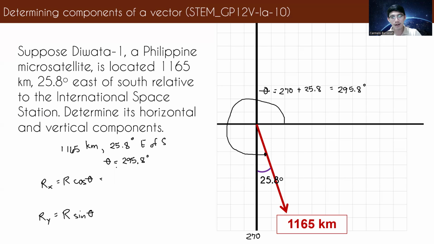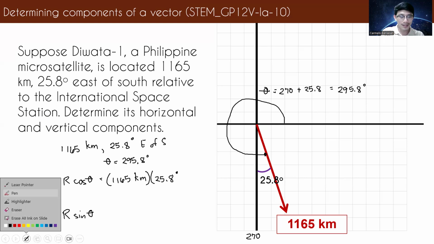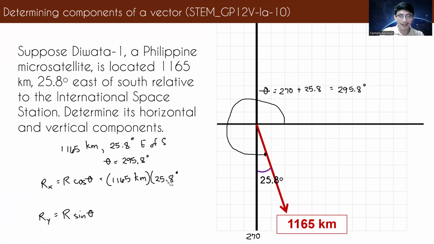To substitute, our R here is 1,165 kilometers multiplied by cosine of... not 25.8, sorry about that. Again, we are going to use the standard angle, 295.8 degrees.